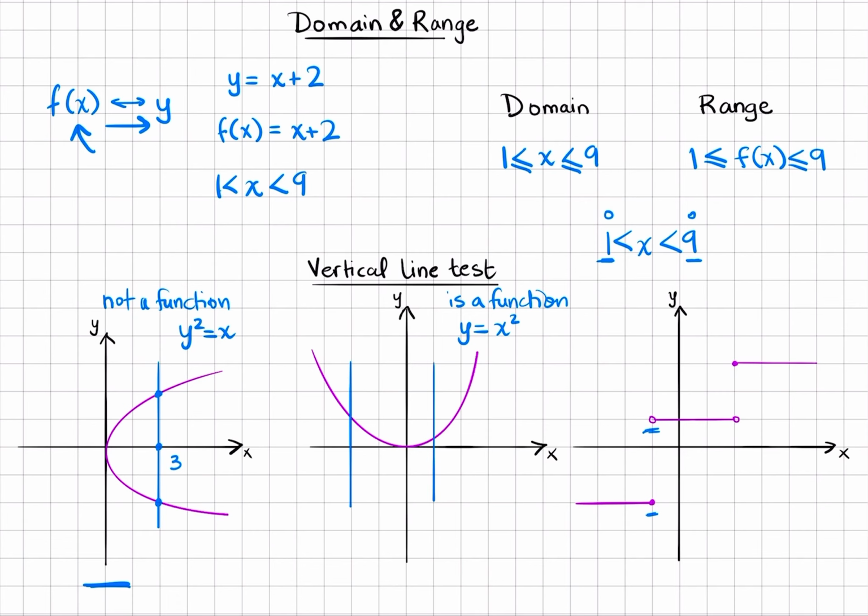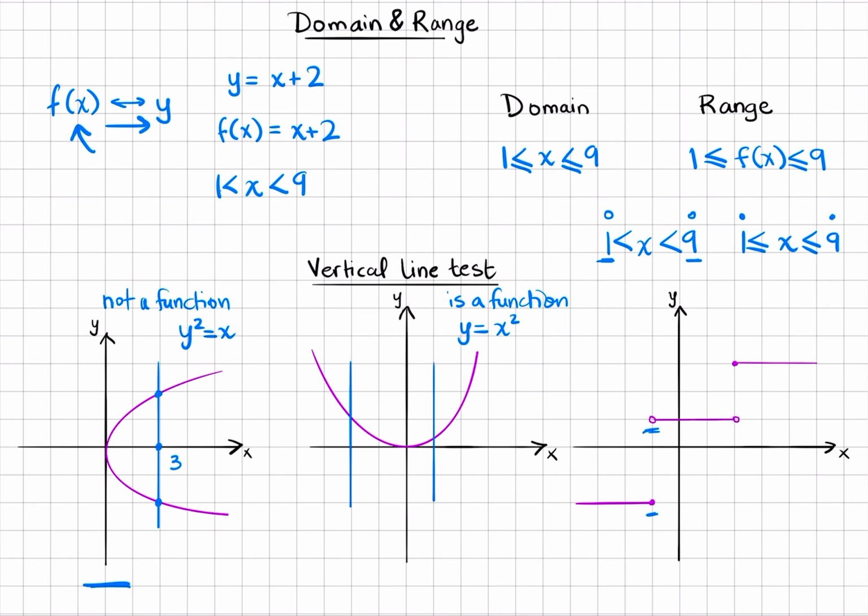Open circles mean that these values are not included. But if the domain says it's less than or equal to, or greater than or equal to these values, then I use closed circles on my graph. So that's what these circles mean: this value is included or it's not included.